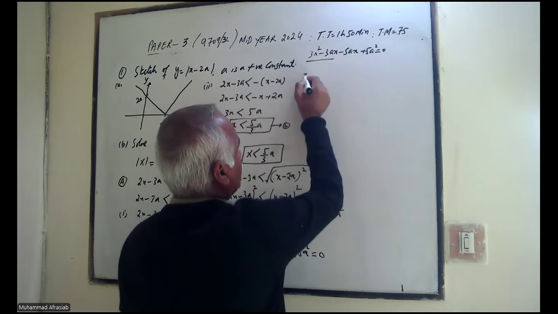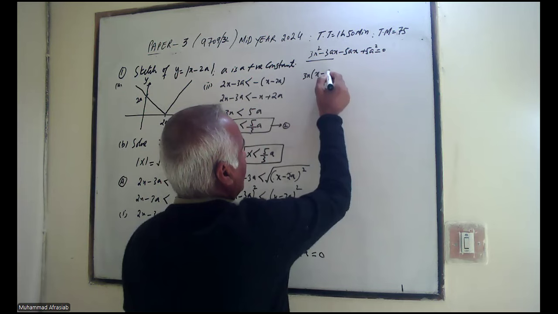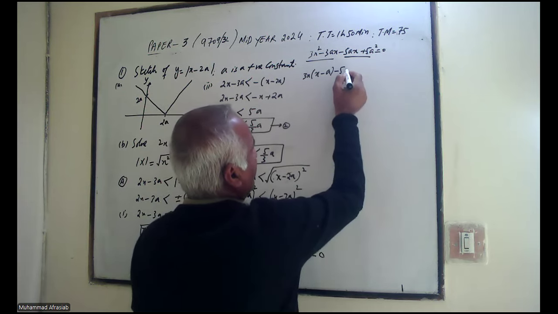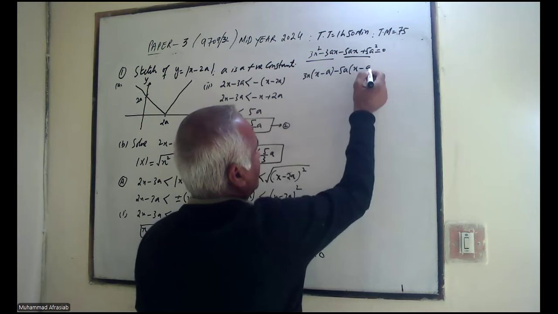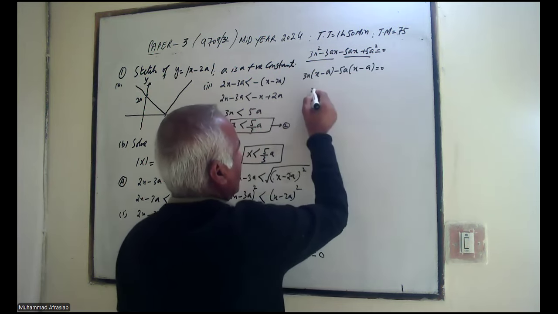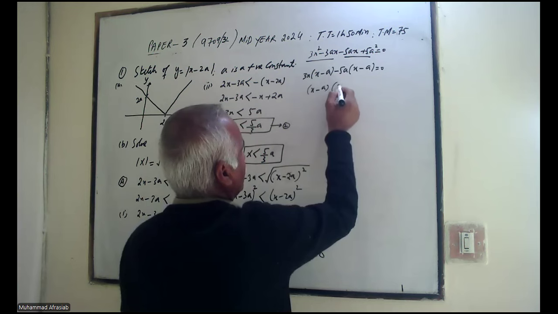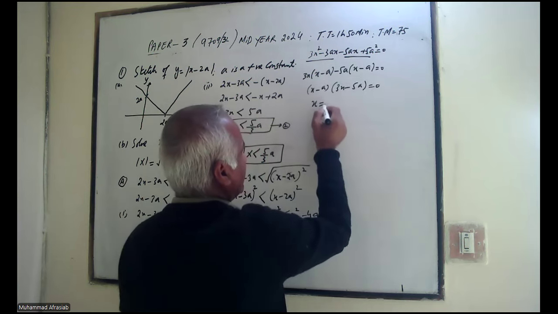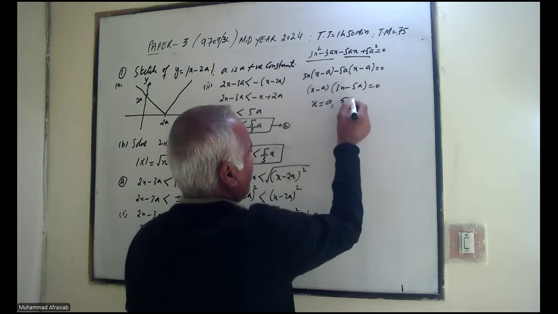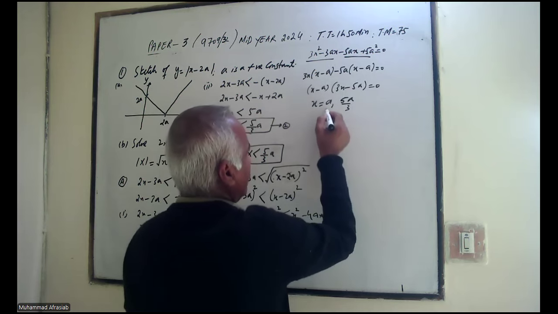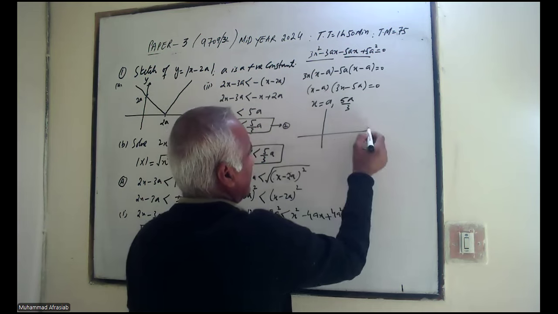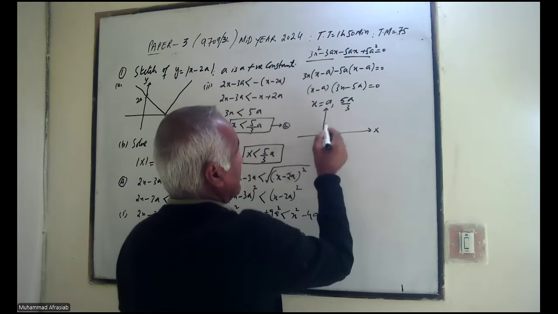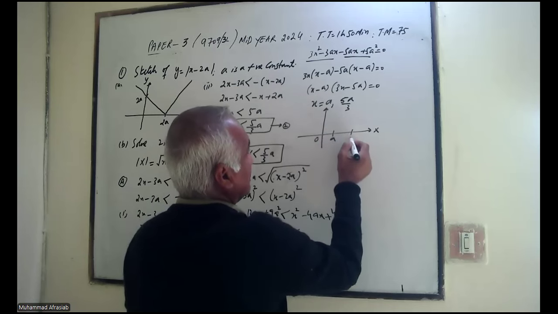Between the first two, 3x is common, so x minus a, and between the last two, minus 5a is common, so x minus a is equal to 0. Or x minus a into 3x minus 5a is equal to 0, then x will be equal to a or 5a over 3.